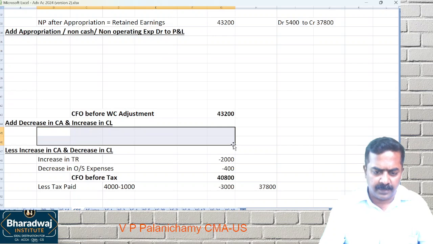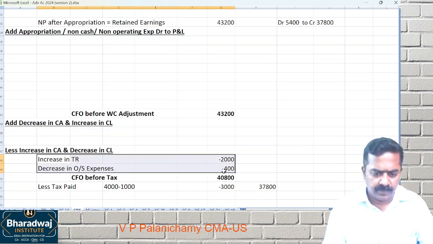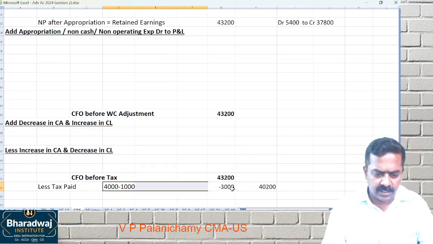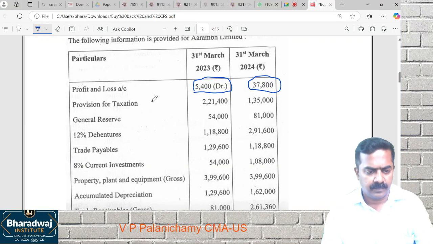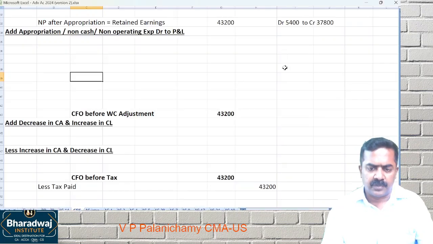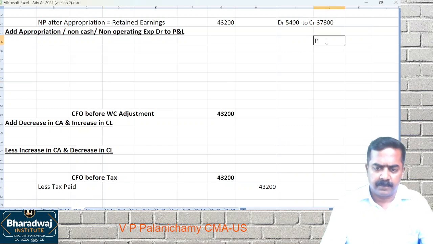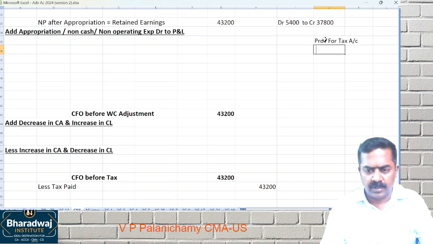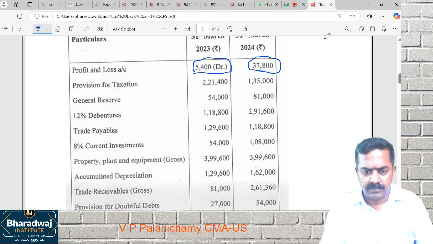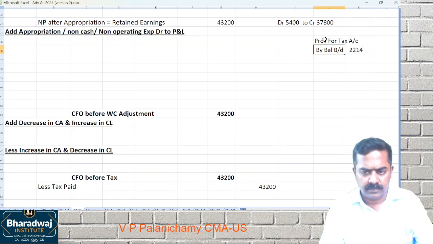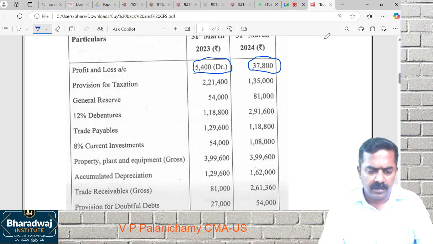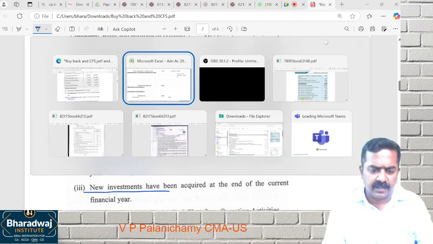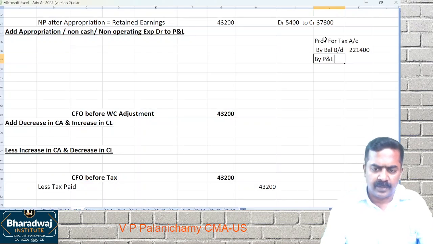Adjust for working capital changes. Minus tax paid will give us CFO after tax. You can prepare the provision for tax account. What is the opening balance? 2,21,400. Is income tax paid given, or provided? Provided. P&L account.